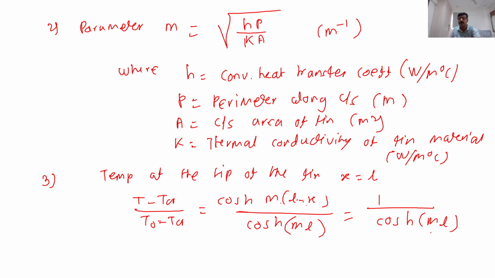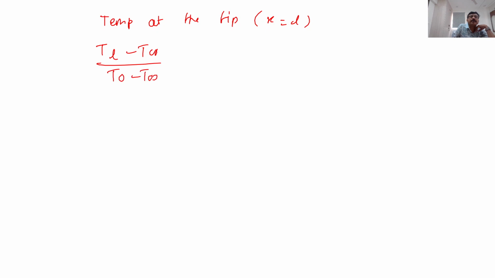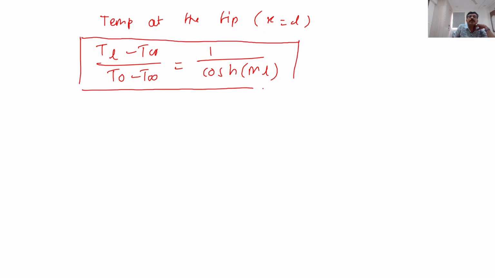This is the formula you have to remember always. If I want to find the temperature at the tip, at x equal to L, the formula is (T at x equal to L minus T infinity) upon (T0 minus T infinity) is equal to 1 upon cosh(mL). Tip means x becomes L.